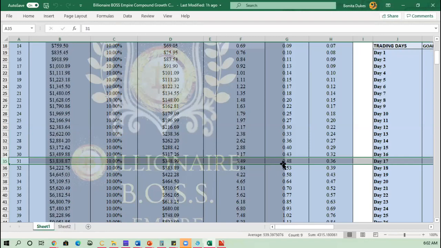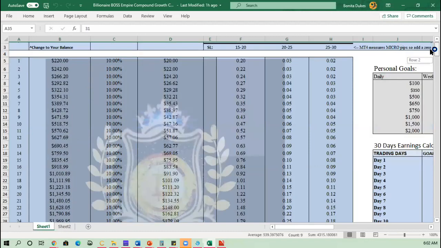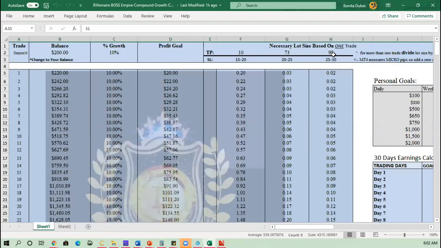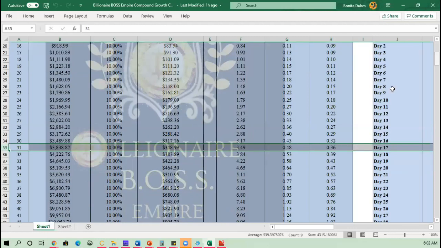Now that's a large lot size. Okay, we're running out of time. Showing you guys something real quick. Okay. So, total pips, 98. With 98 pips, it's going to use a lot size of 0.36, which is much easier to maintain and handle should your trade start going in the opposite direction.